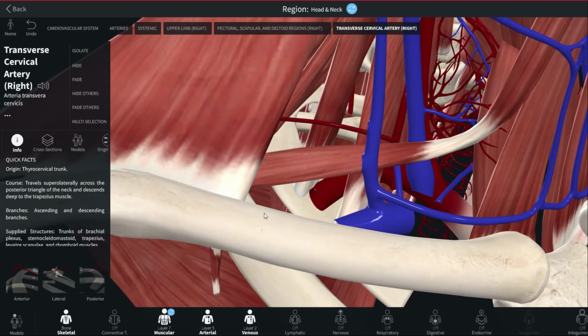Although in this model, it's a little more superior. So anyways, then we have the suprascapular artery. The suprascapular artery is a branch of the thyrocervical trunk as well, and hence it is a part of the subclavian triangle.